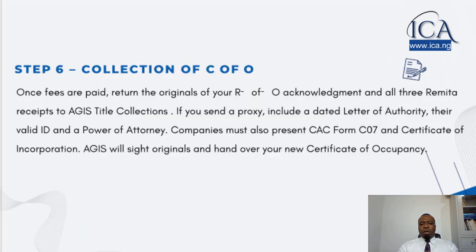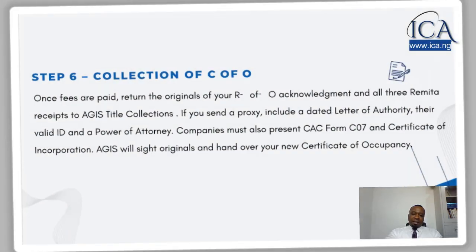For companies, you must also present the CAC Form 7 and the Certificate of Incorporation to establish the legal status of such company. AGIS will cite the originals, and once they are satisfied with all the documentation that you have brought for the collection purpose, you will be handed over the Certificate of Occupancy.